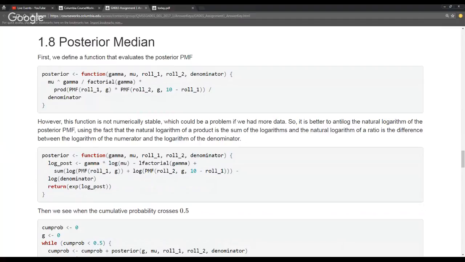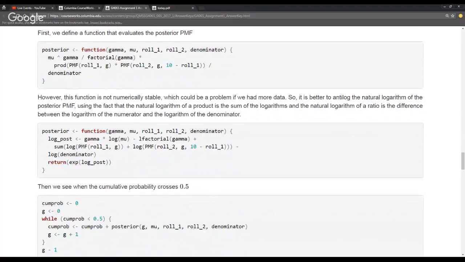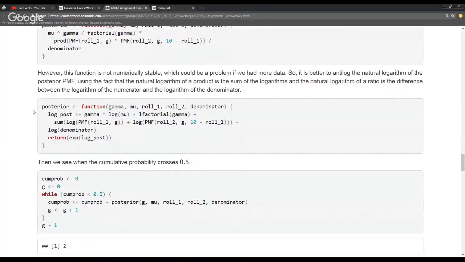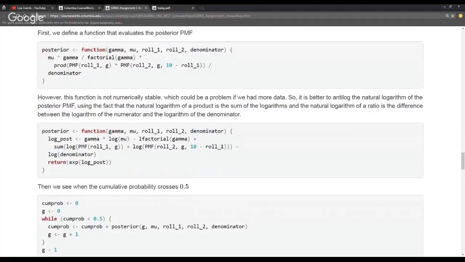This is perfectly valid. However, I just want to plant in your minds now that this is something that a computer can't evaluate terribly accurately if we had a lot more data. So a better way of implementing these probability mass functions and also probability density functions is to work with the logarithm of them.